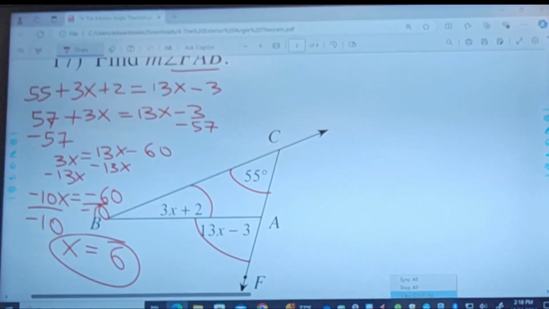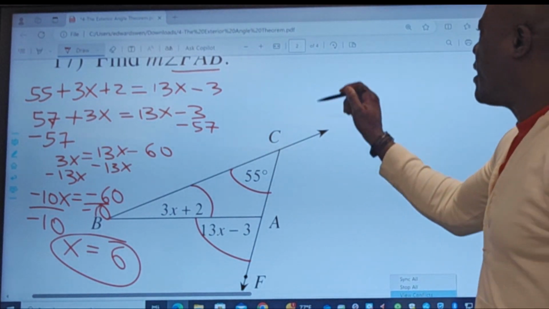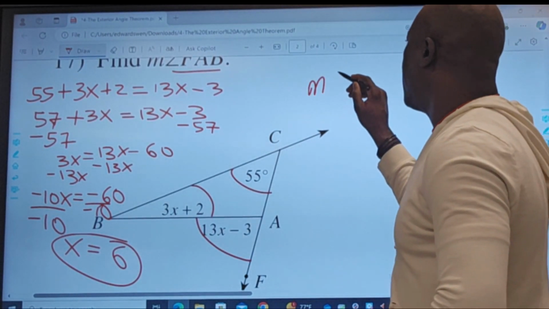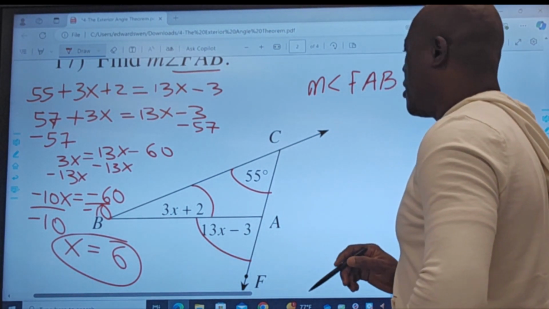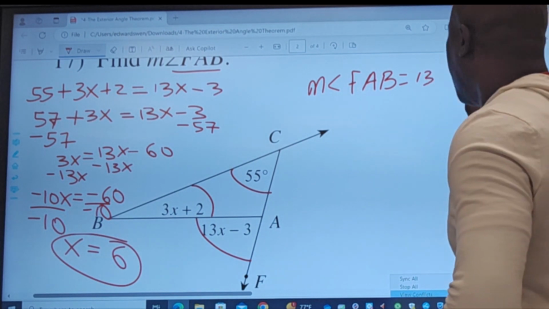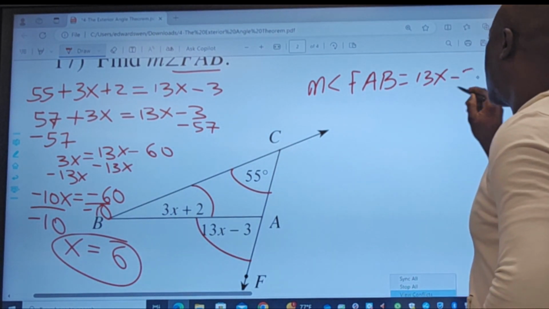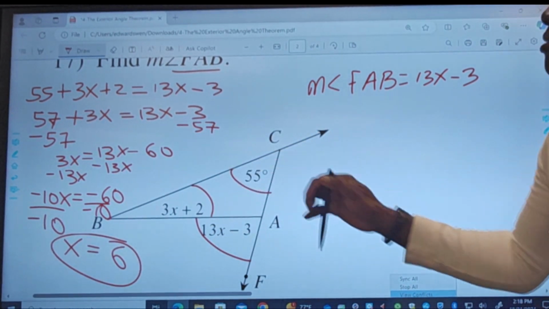Now, x is 6 is not the answer to the question. X equals 6 is saying that the x is 6. But remember, the question did ask us to find the measure of the angle FAB. So it's the angle right here. It was expressed as 13x minus 3. But we do know that x is 6.